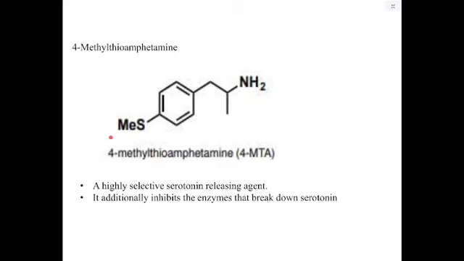So you can see that the structure is very, very similar. These compounds, unfortunately, are not very selective for certain receptors, and that's why you are having a lot of toxicity, and one compound can bind this receptor and also bind another receptor. It inhibits the enzymes that break down serotonin. So it's a highly selective serotonin-releasing agent, and also will inhibit the enzymes that will break down serotonin, giving us very high levels of serotonin.